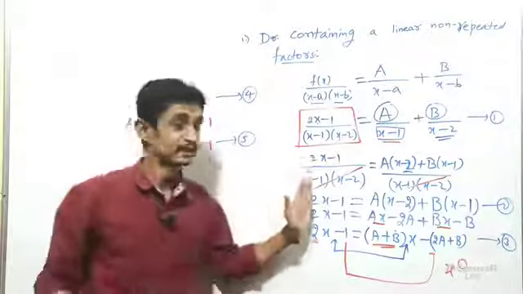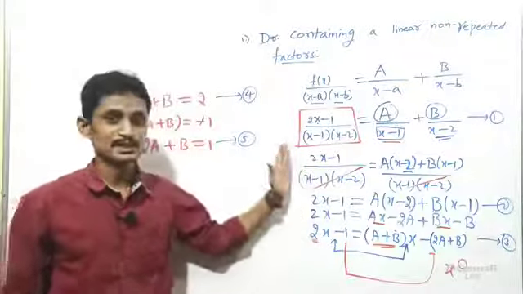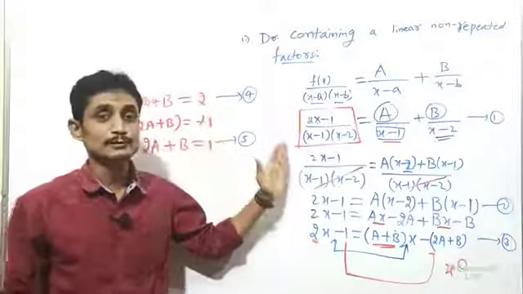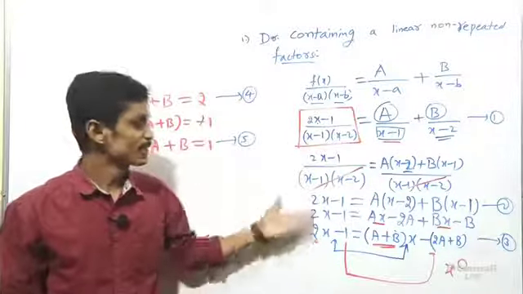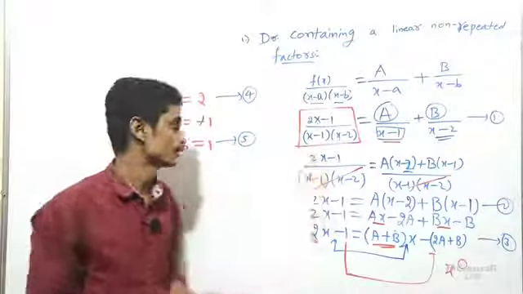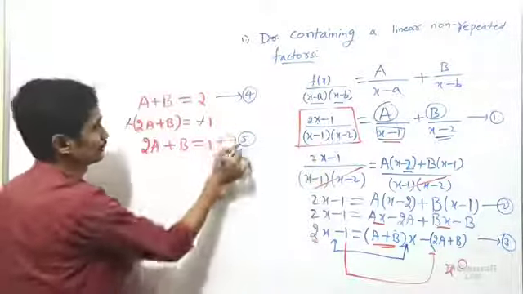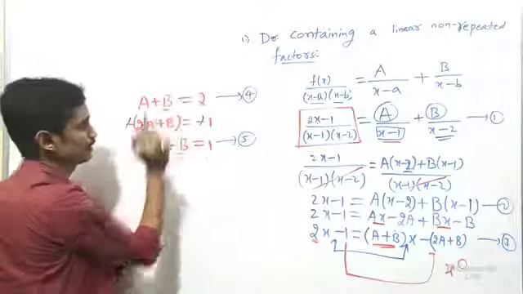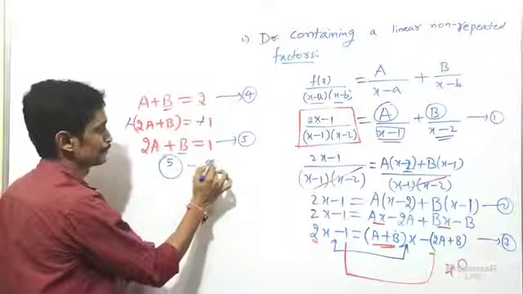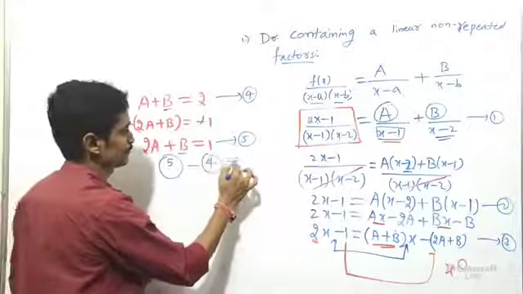Look properly at this method. This method is the most standard and most important method. In difficult questions we can apply this method itself; those two methods will not work out. Now solving 4 and 5, b and b will be the same. I will take equation number 5 minus equation number 4.